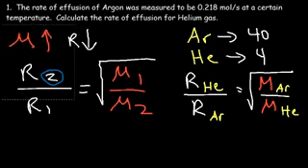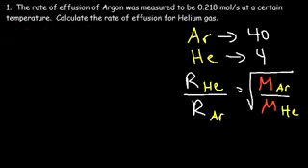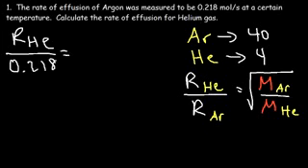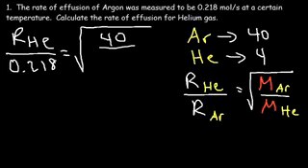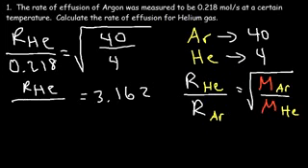So let's make some space, and now let's plug in the information that we have. The rate of effusion for argon is 0.218, the molar mass for argon is 40, and the molar mass for helium is 4. 40 divided by 4 is 10, and the square root of 10 is about 3.162. To solve for the rate of effusion for helium, let's cross multiply.